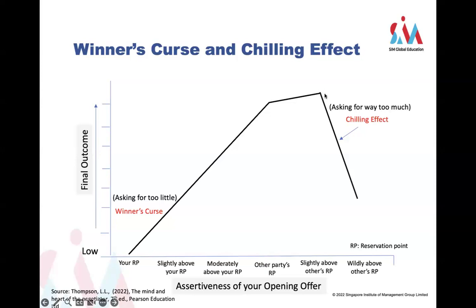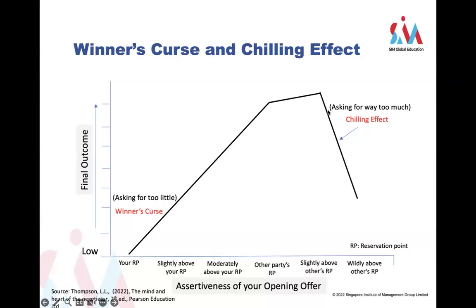That means they are already making a loss. Sometimes you can push to this point here, but you should know when to stop. If you keep on pushing for more and more, you are asking for way too much. And this results in the chilling effect.